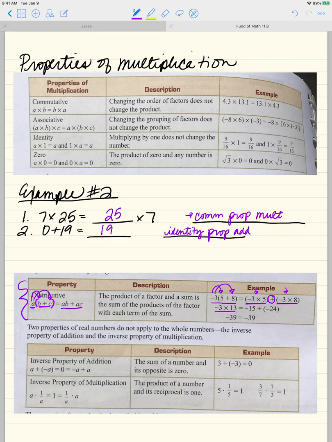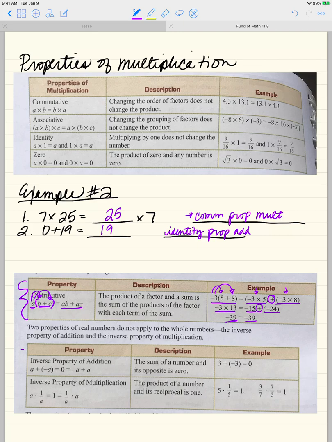So negative 3 times 5 is negative 15 right here, plus negative 3 times 8 is negative 24. Okay, on the left-hand side, we have negative 3 times 13, that is negative 39. On the right-hand side, we now have negative 15 plus negative 24, which is negative 39, just showing us how the distributive property works out.